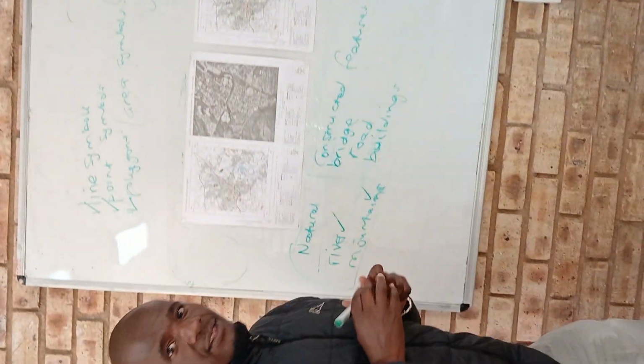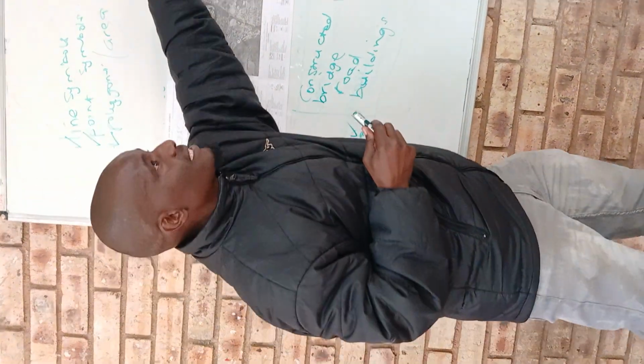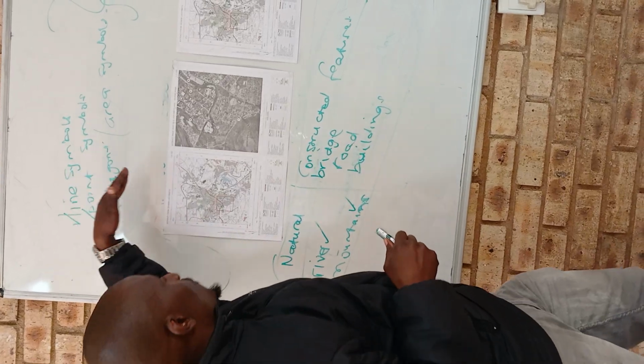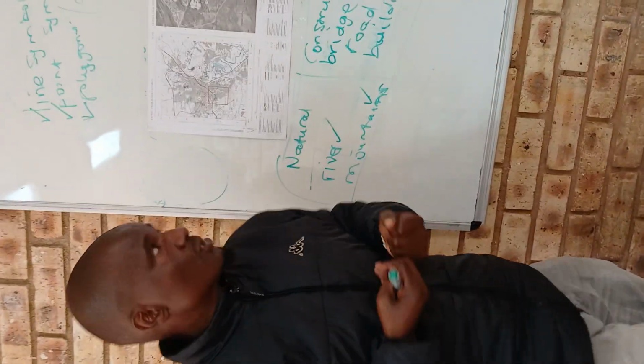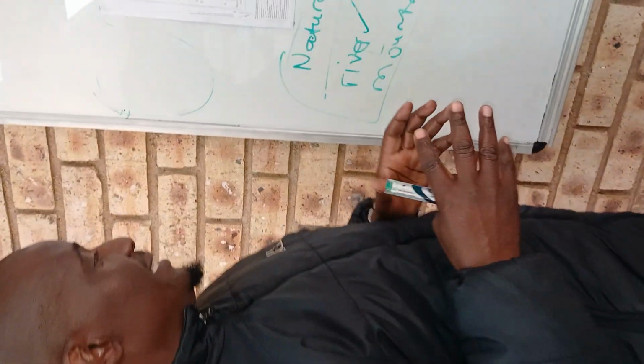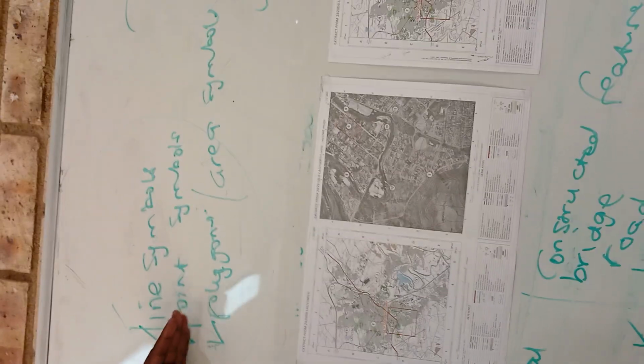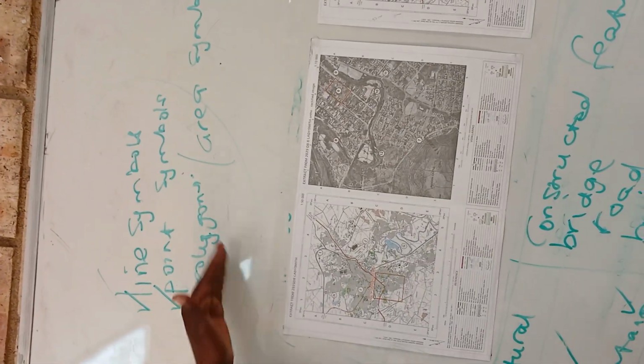Vector data, and you find this on your topographical map. These are the types of vector data: you've got your line symbols, your point symbols, and your polygons. I'm going to show you examples of this, which means regardless of them being natural or constructed, some can be categorized as line symbols, point symbols, or area symbols.